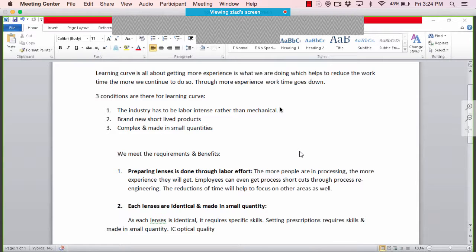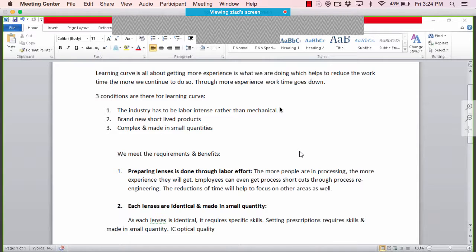You said at the beginning, very briefly, this is what the learning curve is. We learned from the previous, so this is what happens. Since you did your previous answer and feedback was given, now you added on this. You also stated the 3 conditions that are needed.